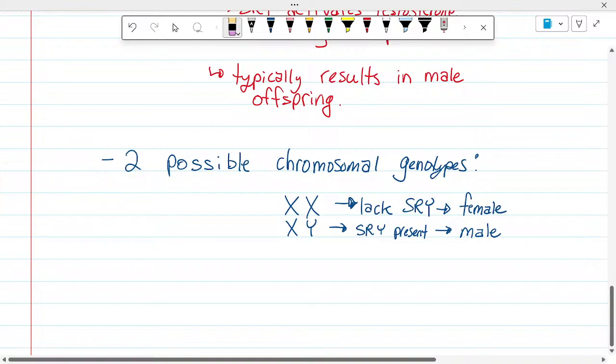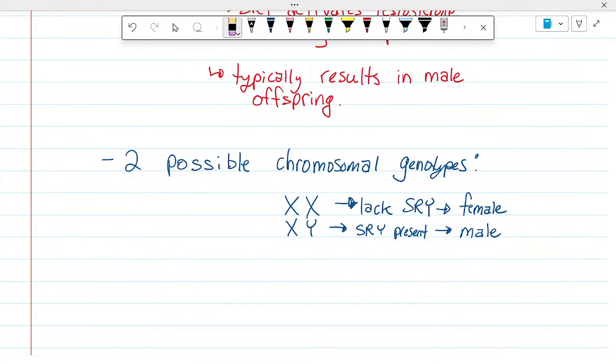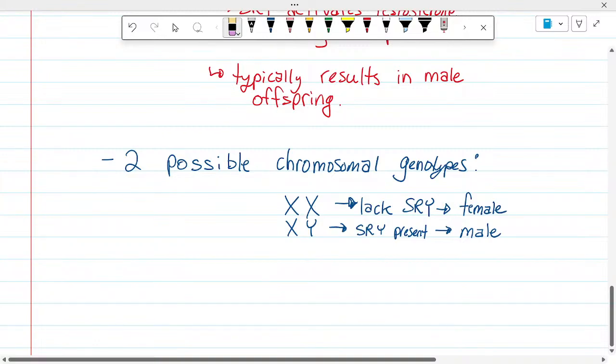Why isn't there a third combination? We have homozygous X and we have heterozygous. Why don't we have homozygous Y? Since you said the Y chromosome is just the X chromosome degraded. Yeah. It won't work as well as XX because it's a degraded version. Yeah, you're just simply missing genes that are required for life.